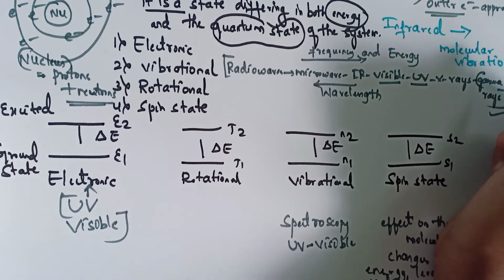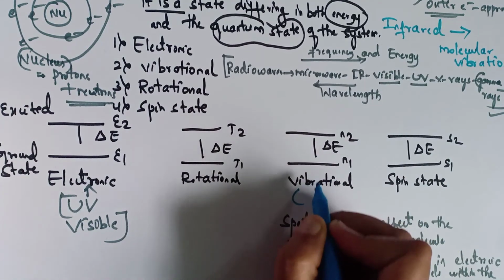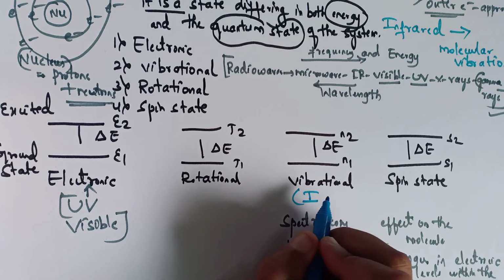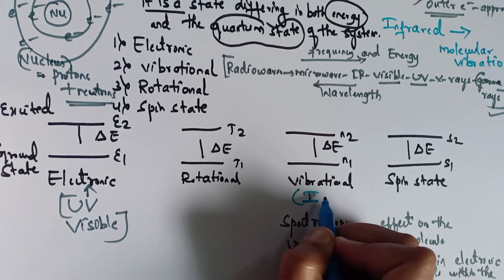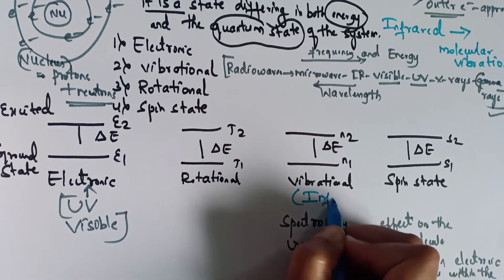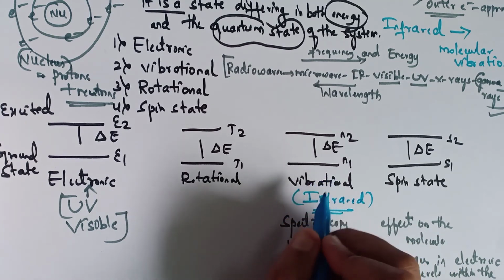You can also say changes in vibrational moments of a molecule. So this infrared will come under vibrational. Why? Because it will cause molecular vibrations in a molecule. Infrared spectroscopy is also called vibrational spectroscopy.